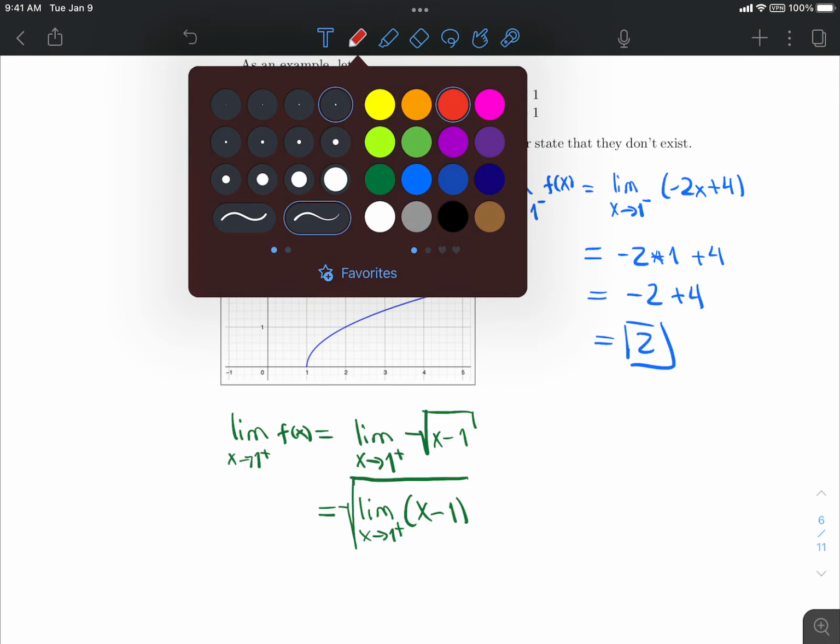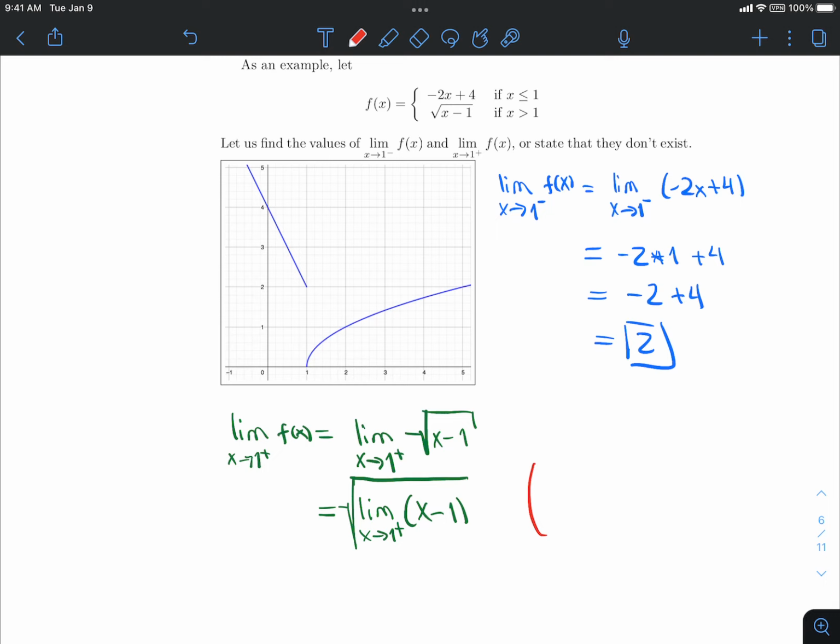I'll note that here: by the root law, we can use it because x is greater than 1, since we're calculating the limit as x approaches 1 from the right, which implies x minus 1 is greater than 0. That's all we need to check: that the thing inside the even root is non-negative.